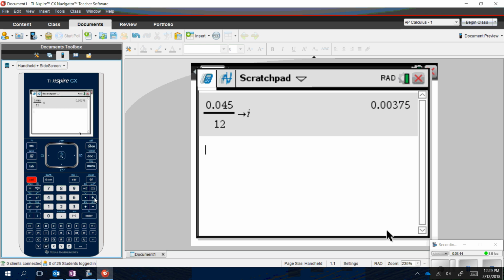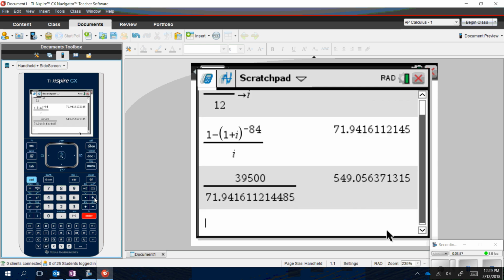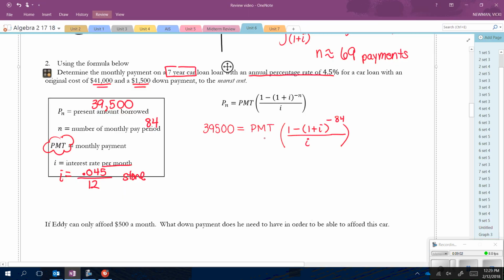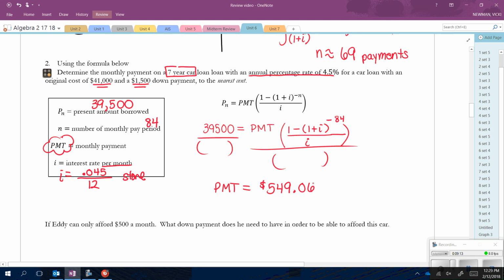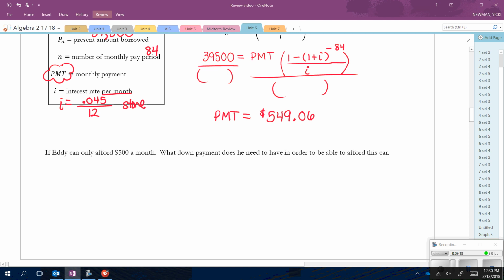So 1 minus 1 plus I to the negative 84 over I. That crazy number, I'm going to take 39,500 and divide by that number. $549.06. The payment is $549.06.